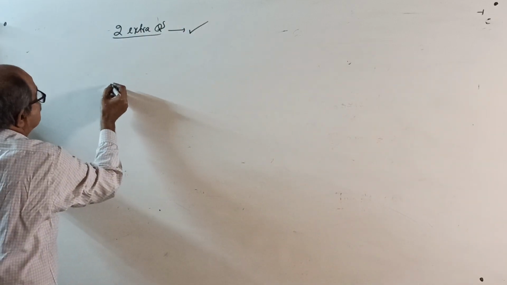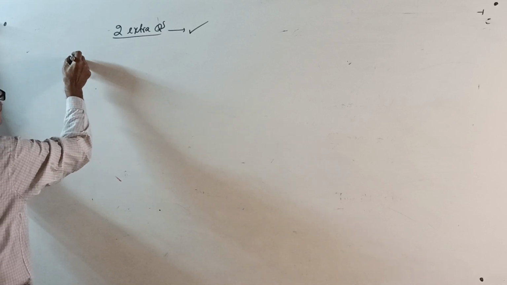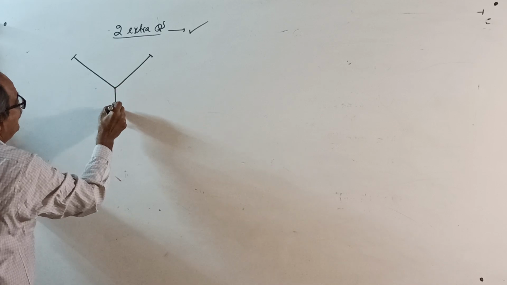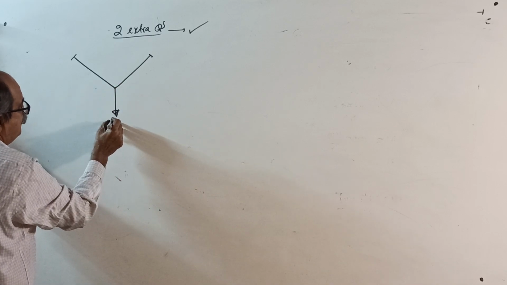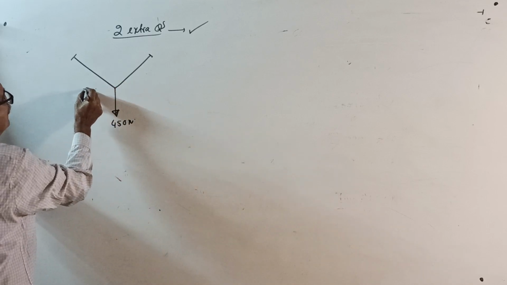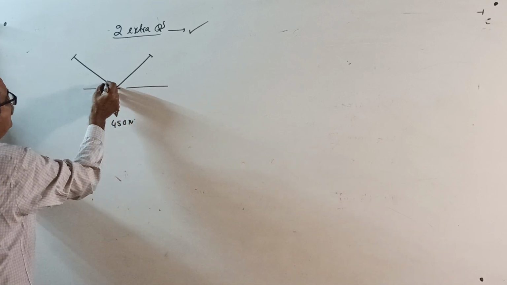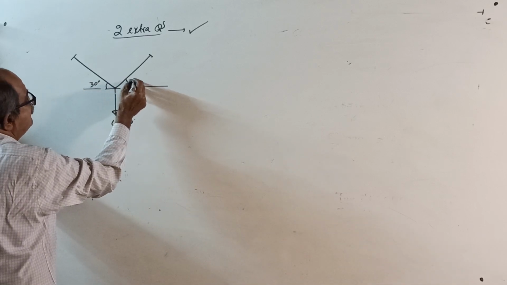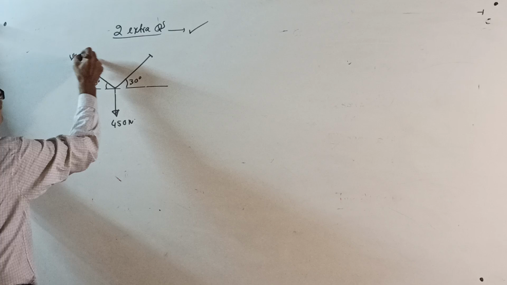See, one question. Same way. Very simple. 450 Newton. This is 30 degrees. This is 30 degrees.